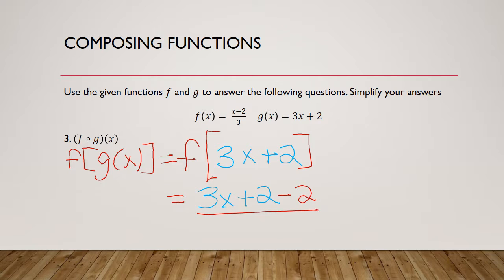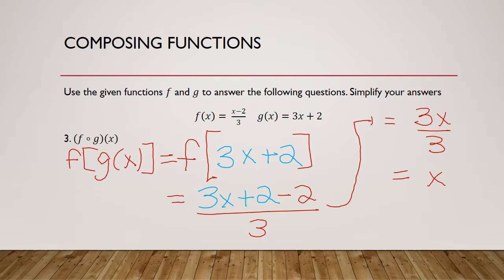So this is going to equal, instead of x minus 2, I'll have 3x plus 2 minus 2, and then big divides by 3. Okay, well, order of operations, we have to do the top first.